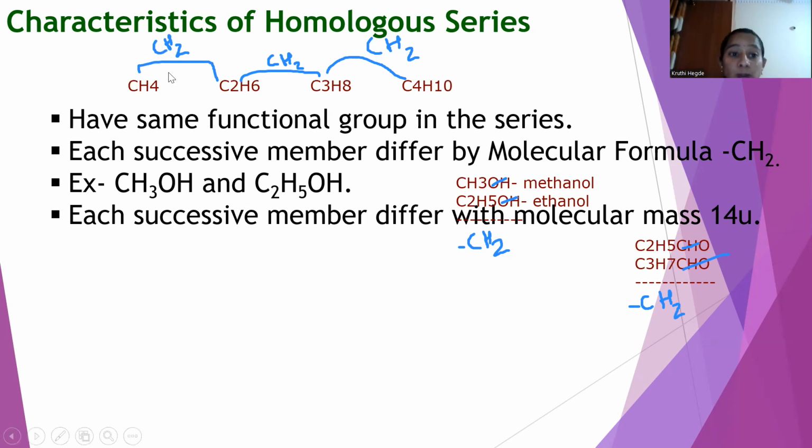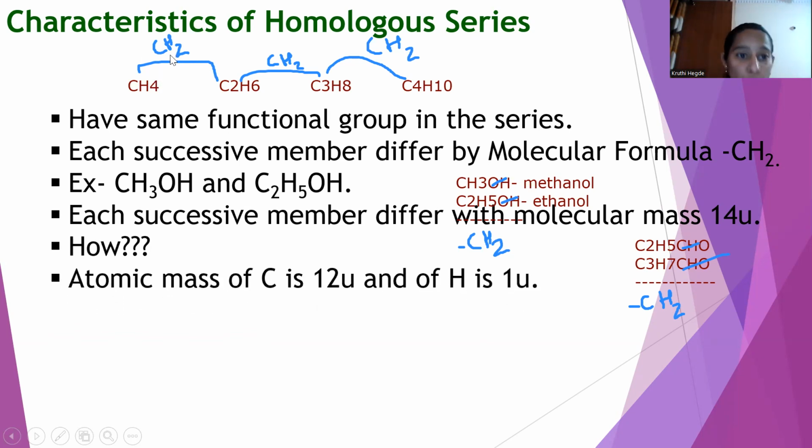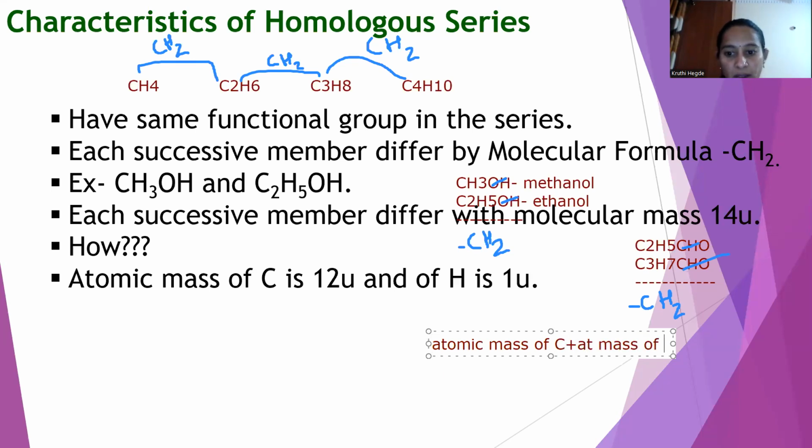So here CH2 is the difference. What's the atomic mass of carbon? Atomic mass of carbon is 12. Atomic mass of hydrogen is 1U. So to calculate the molecular mass of CH2, it is the atomic mass of carbon plus the atomic mass of hydrogen into 2, because there are 2 hydrogen atoms.